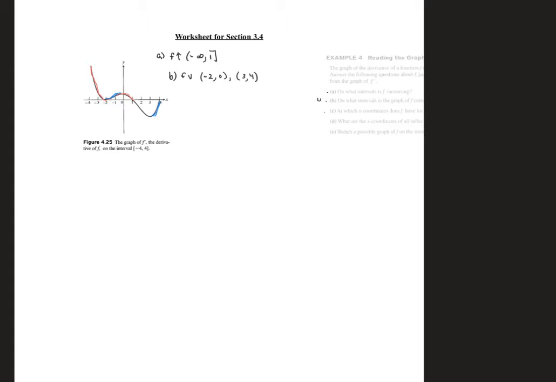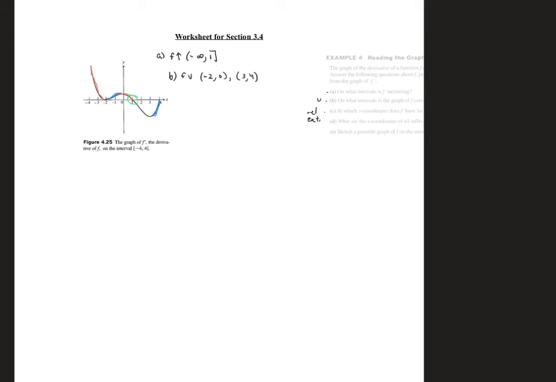Part C says at which x-coordinates does f have local extrema. So we're looking for relative extrema here. And we're going to see from the derivative that the original function f will have a relative min when the derivative goes from negative to positive, and a relative max when the derivative goes from positive to negative.